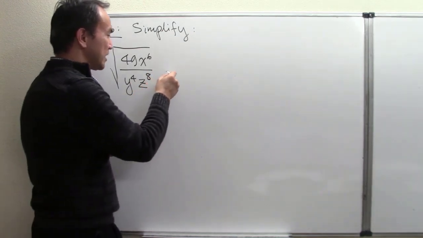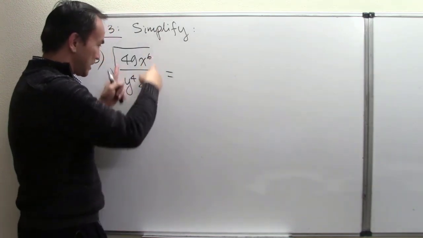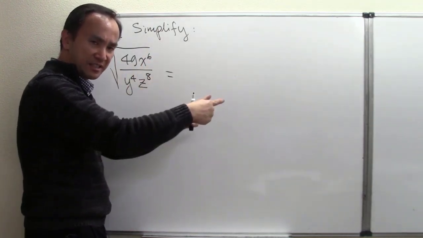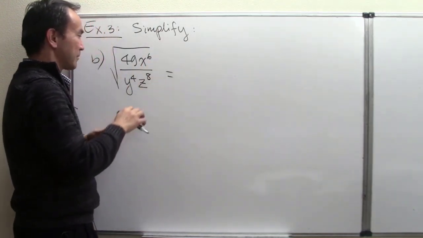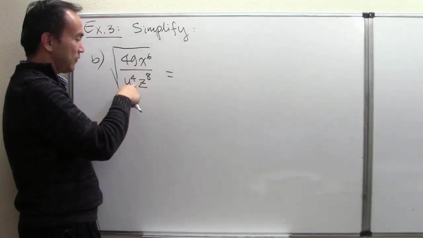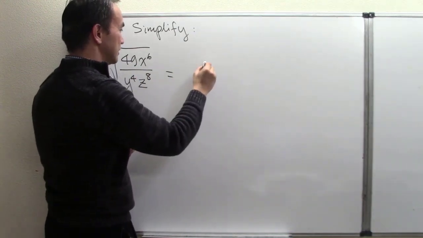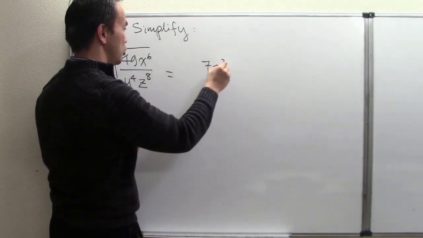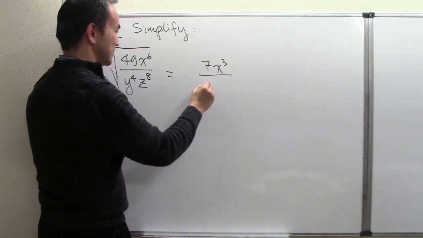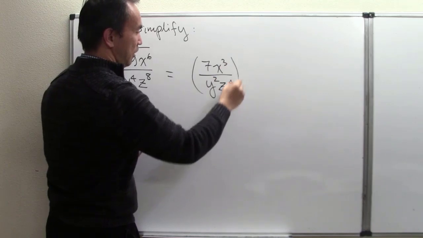So the best way I can do, again, let's stick back to the original plan. Get that expression rewritten as a perfect square. So 49x to the 6 all over y to the 4th z to the 8th can be re-expressed as 7x cubed over y squared z to the 4th, all squared.